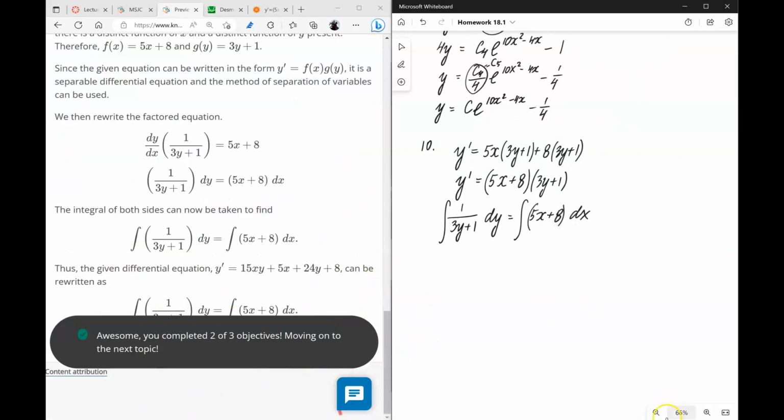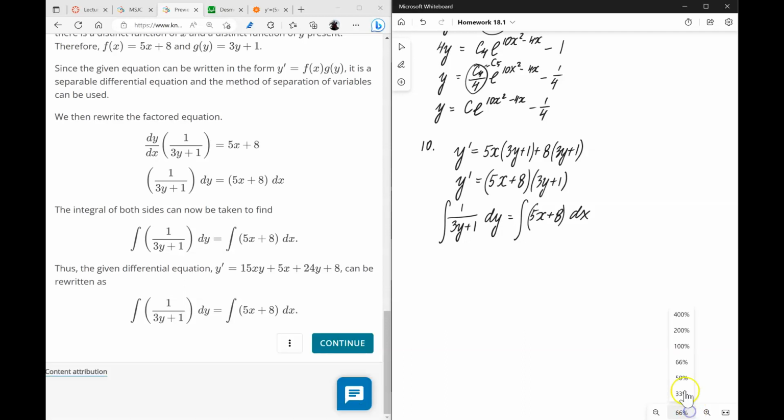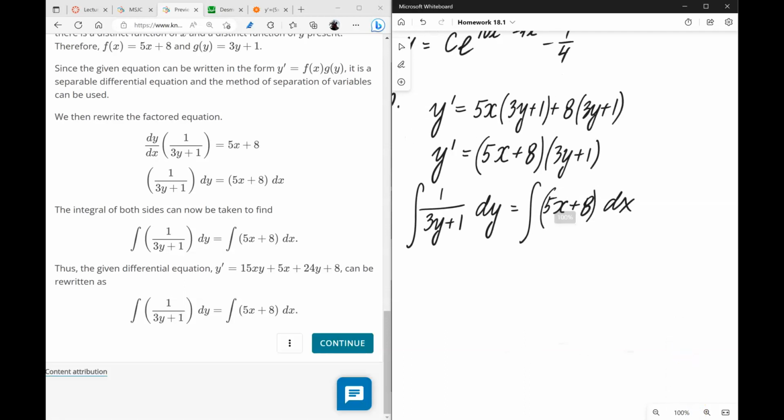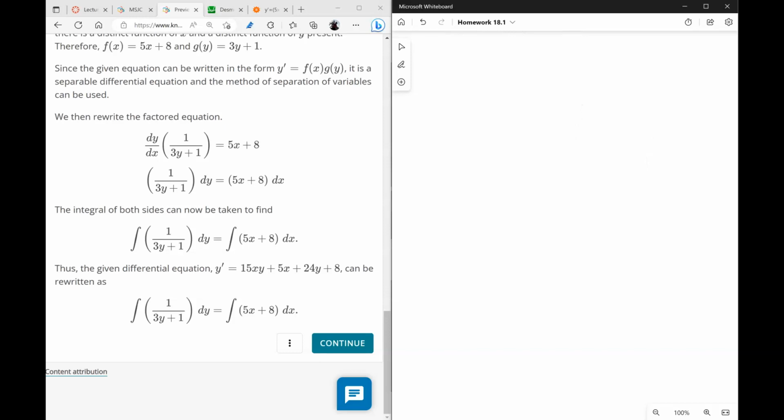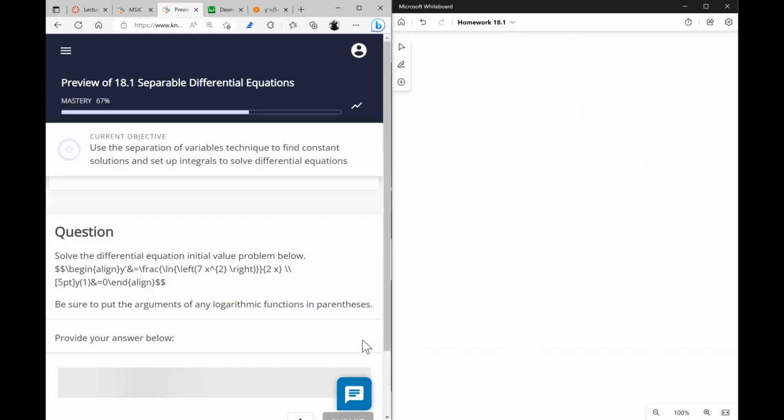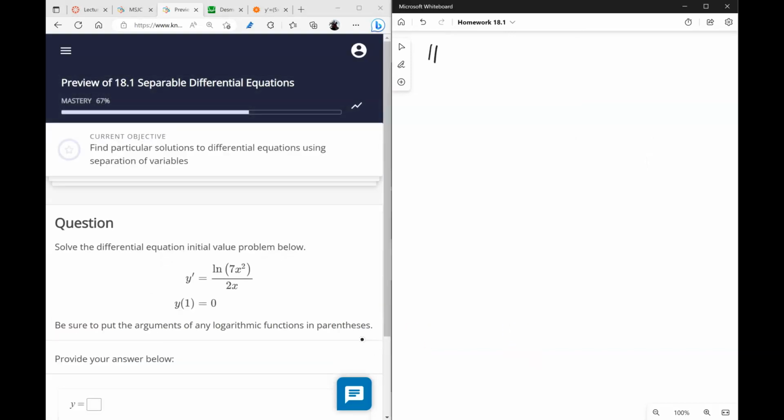All right, making some progress. Let's go to number 11. Now we have initial value problems. So that means in addition to a differential equation, we're also given initial condition.